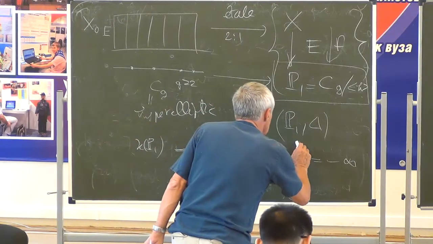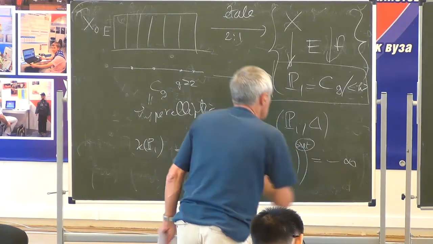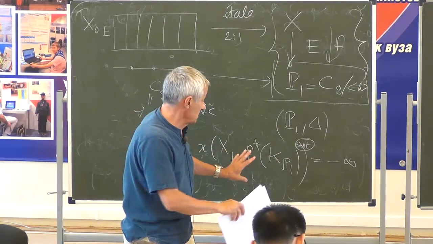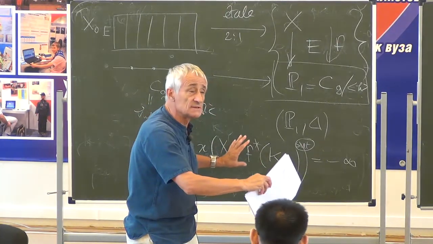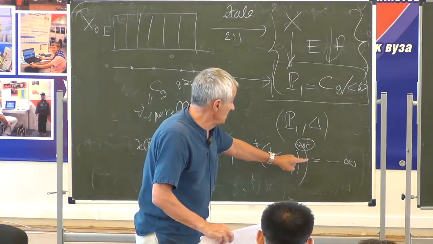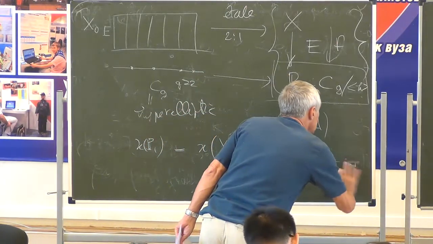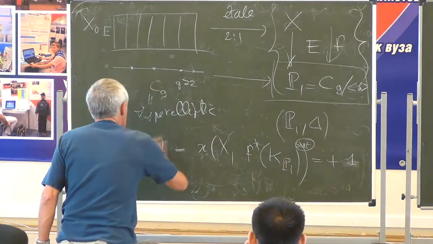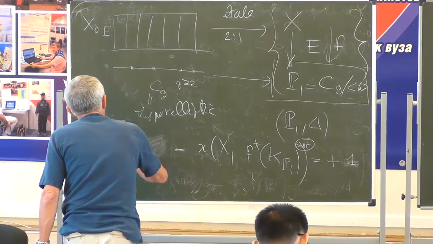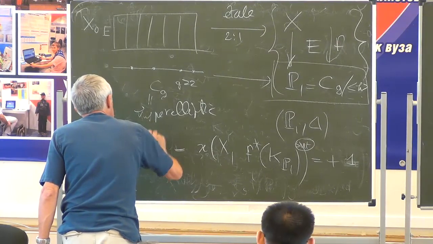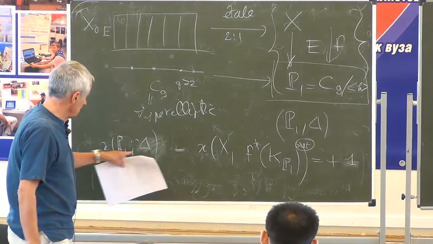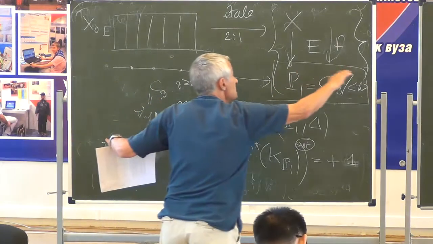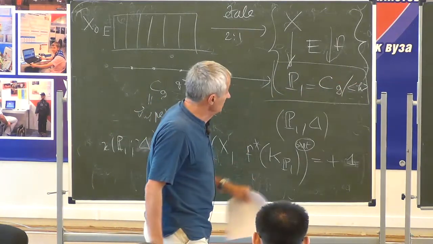But if we take the saturation of this F star of K_P1, which is a line bundle a little bit larger, then what we shall get is that this is plus 1. And so we get something, which will be the kappa of P1 and Δ, because this is a curve with certain points and multiplicities which give general type.